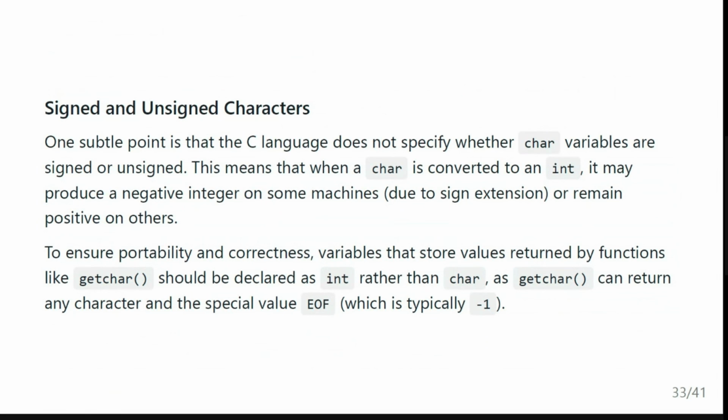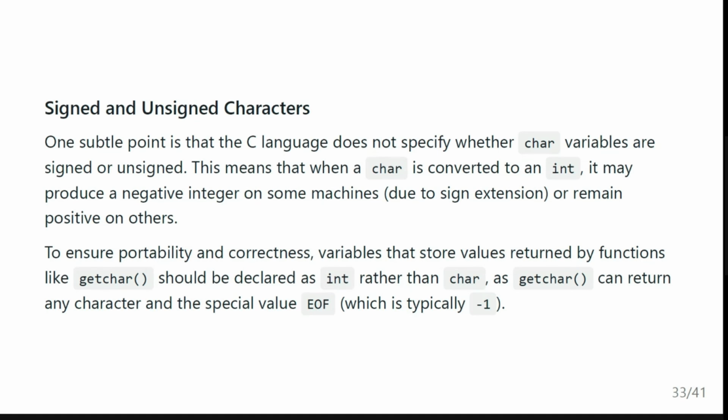All right, so actually there are two types of integer. One is signed integer, the other is unsigned integer. That means when we convert a character into an integer, it might sometimes cause a negative integer, which is not supposed to be.